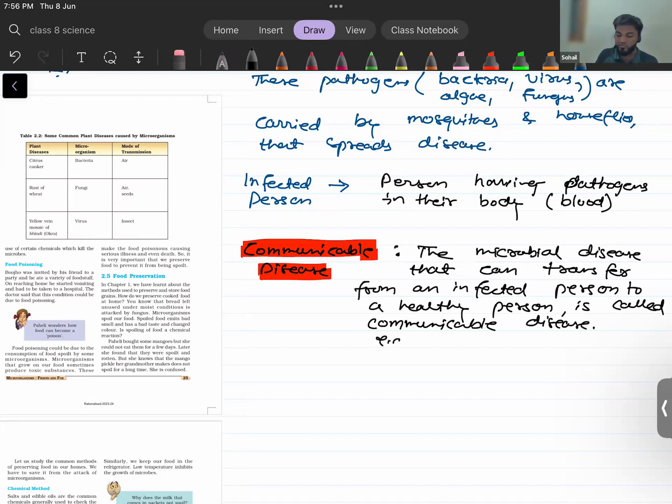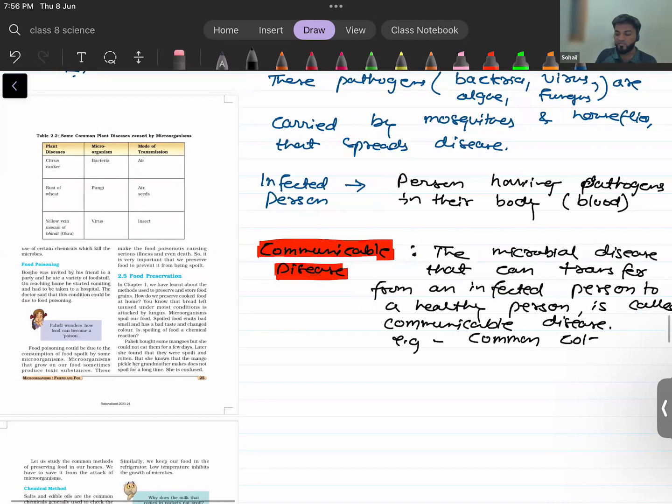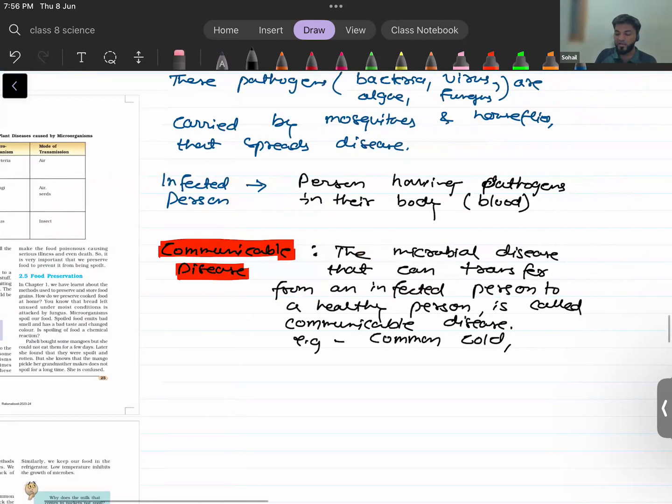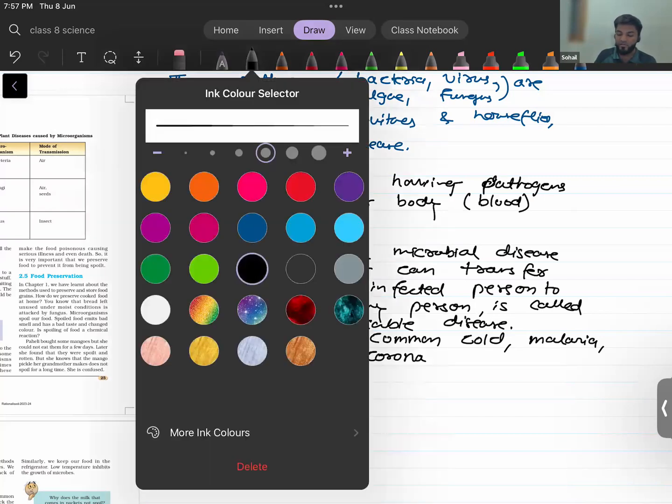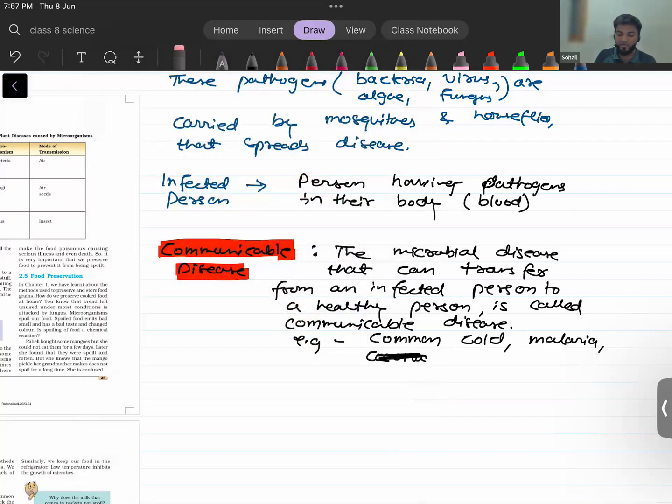Okay. So some of the examples are common cold, and as Ahmed said, malaria, and coronavirus as well, or COVID. It's better to say COVID because corona is the virus. It is HIV also, which is responsible for causing AIDS.